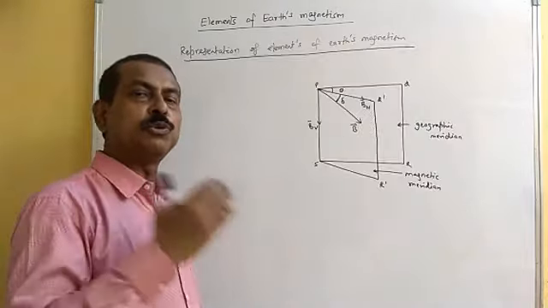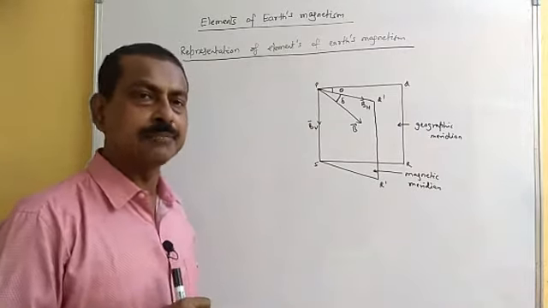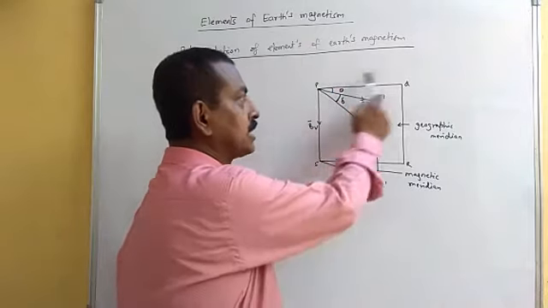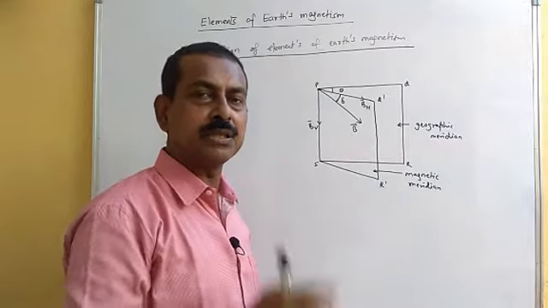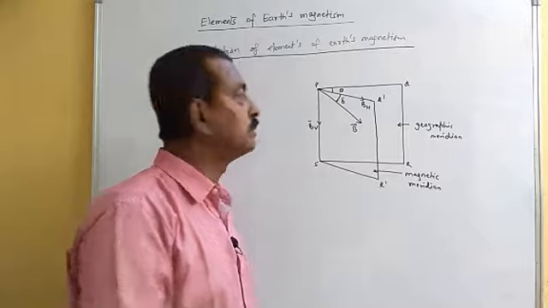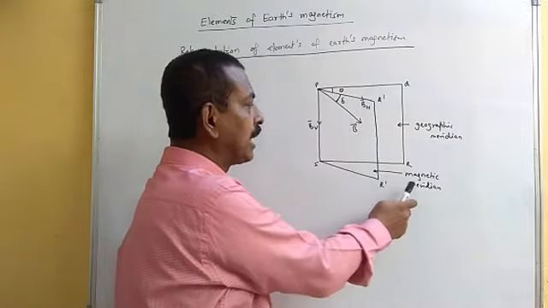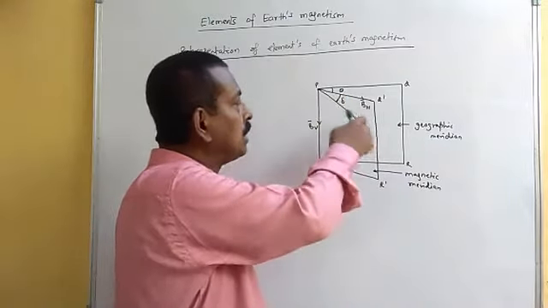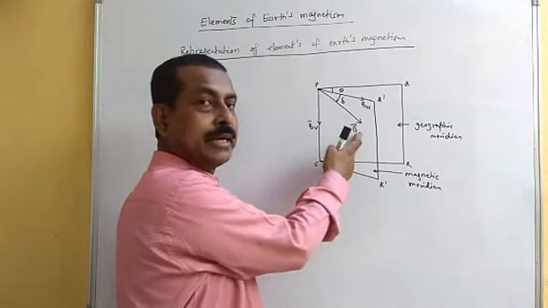Suppose we have to represent all these elements of Earth's magnetism in a single diagram. Then we can show that this PQRS represents the geographic meridian. This is the vertical plane passing through the geographic north and south poles of Earth. This other plane represents the magnetic meridian, because this is the plane in which you have the freely suspended magnet, or the Earth's magnetic field is lying in that plane.